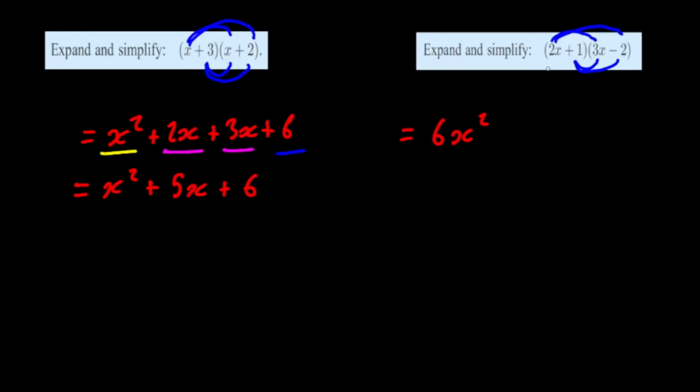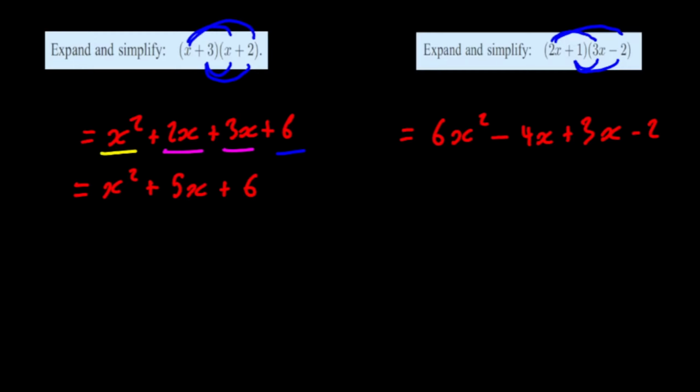And then 2x times negative 2, that's negative. First we look at the signs, one's negative, so it becomes negative. 2 times 2 is 4, and there's only one x. And then 1 times 3x is plus 3x, and 1 times negative 2 is negative 2.